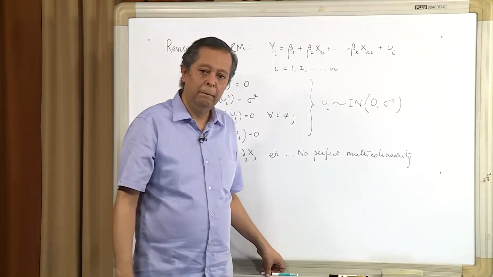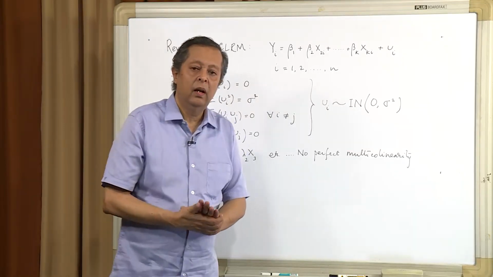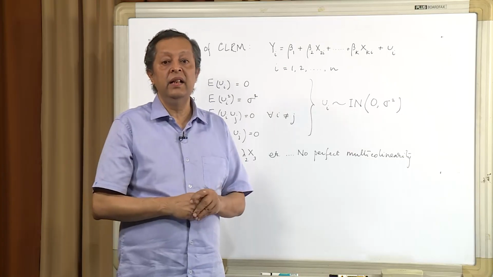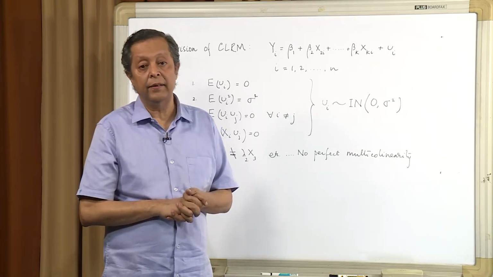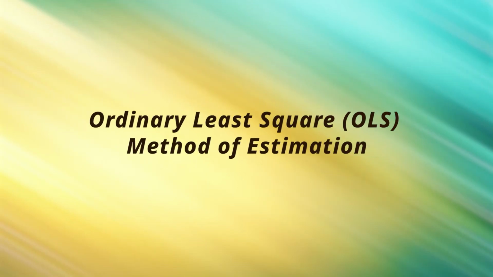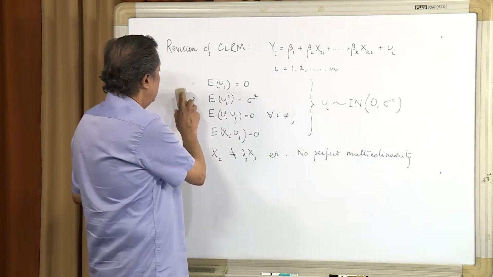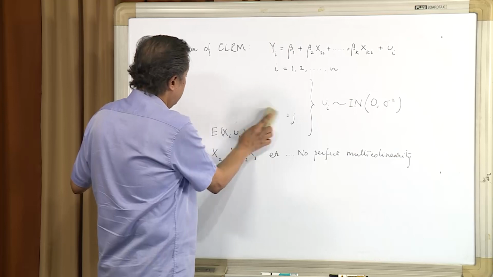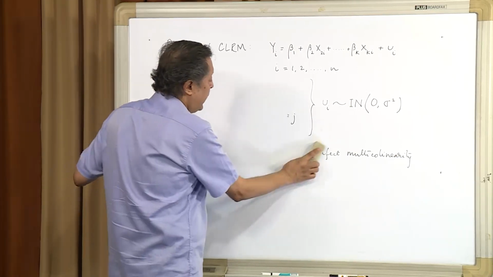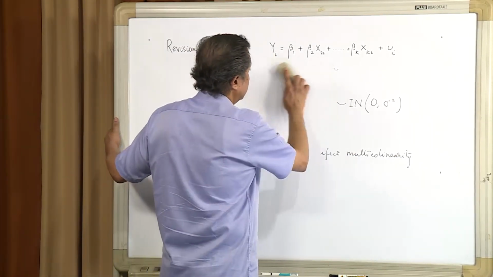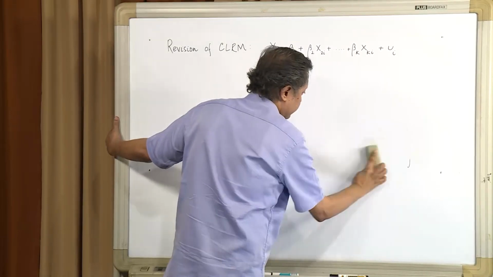So, given this model, we use the ordinary least squares method of estimation. What we do is we minimize the sum of square of residuals of estimation.